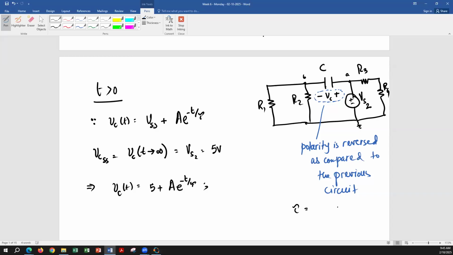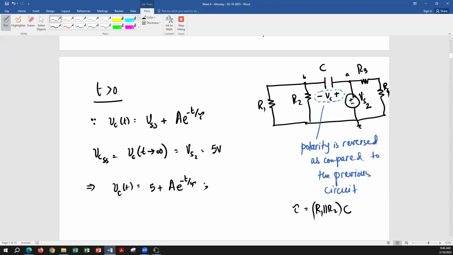So it's going to be R1 and R2 in parallel to each other, and that will be multiplied by the capacitor, and that is your time constant. R1 parallel to R2, that's the equivalent resistance times the capacitance. Once again, remember, you have to remove VS2, you have to short it out.